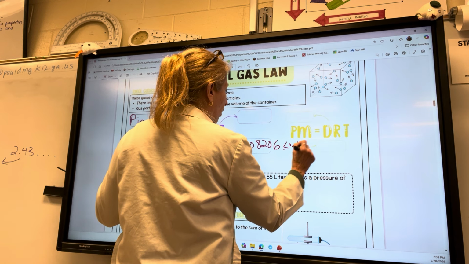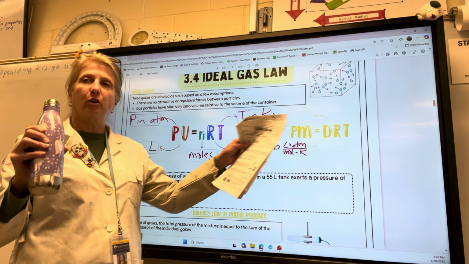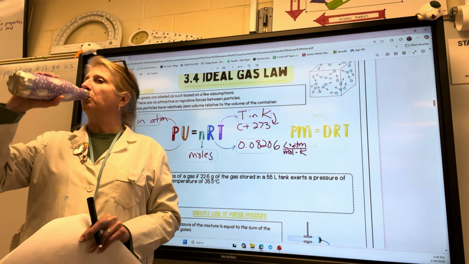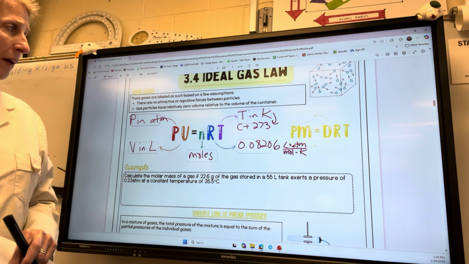And now T is temperature in Kelvin, and that is Celsius plus 273. That's another nice thing. Sometimes you see a decimal point with that 273, but it's a whole number. You don't have to worry about the decimal point.